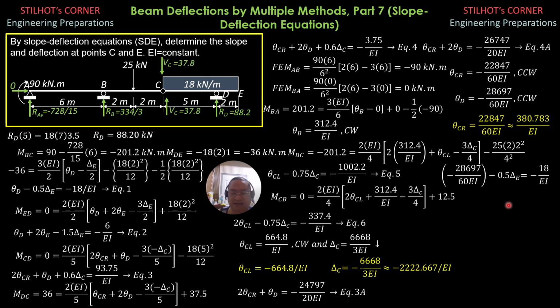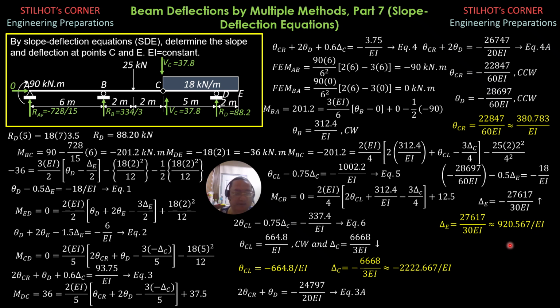So delta E can now be found. So remember the assumption that delta E is going down so that the rotation is clockwise. So it is negative. So that means it contradicts with our assumption. So delta E should be upward or positive. So delta E is 27617 over 30 EI or 920.567 over EI.